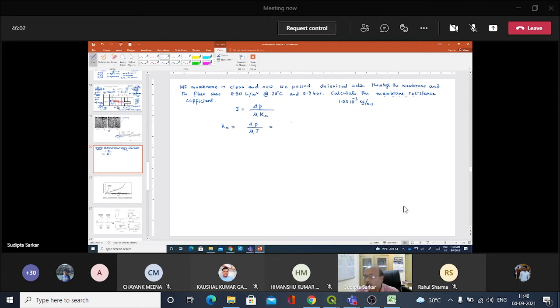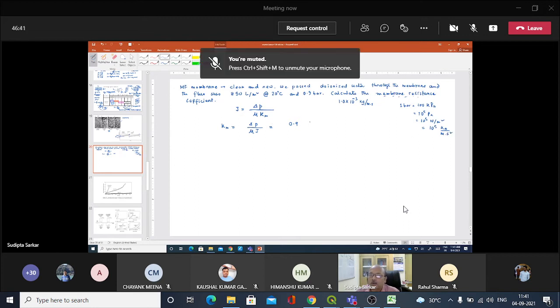So we have 0.9 bar. 1 bar equals 100 kilopascal, right? That is 10 to the 5 pascal, which equals 10 to the 5 Newton per meter square, which equals 10 to the 5 kg per meter second square, right?